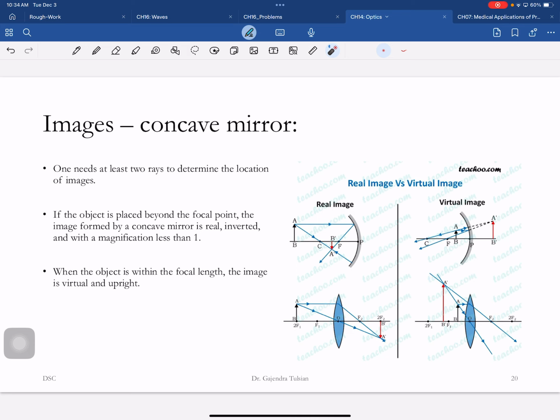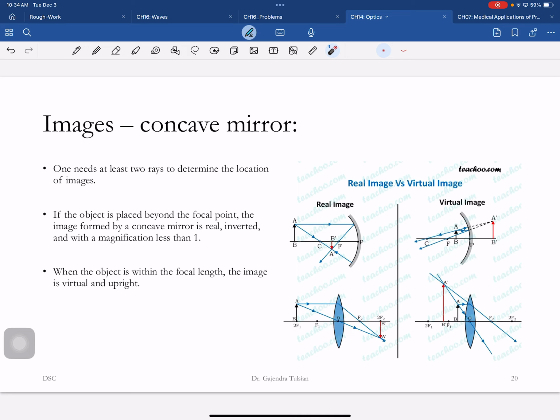Here's a virtual image, the same concave mirror. There's the object. This light ray got reflected like that. A light ray that would go through the center gets reflected straight back, and that's where the image is formed. And that's a virtual image.